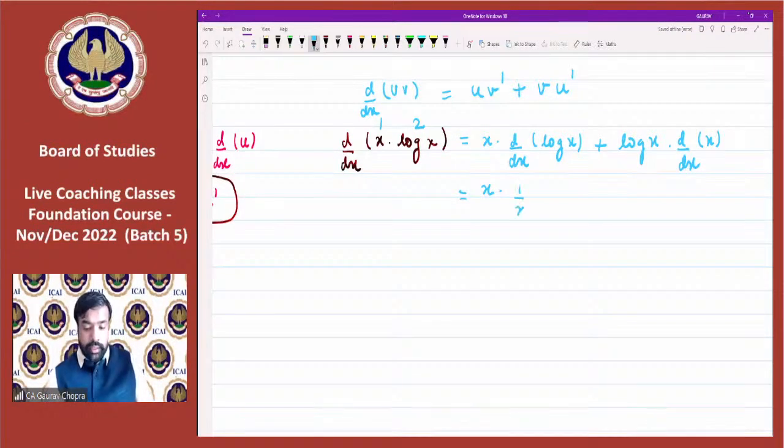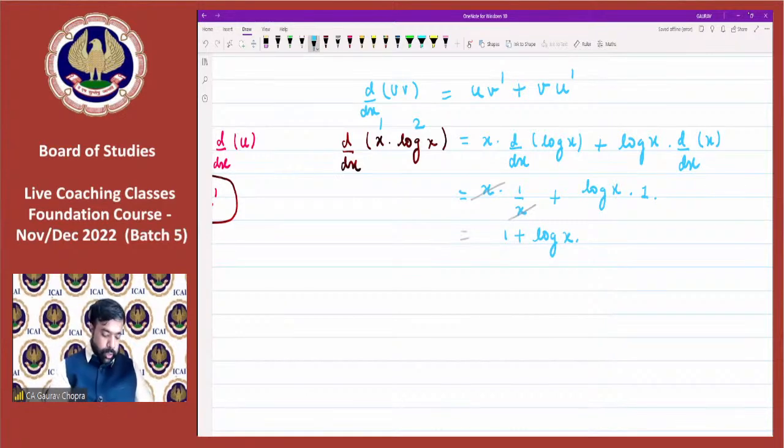So we can write 1 by x plus log x as it is. Now what is the derivative of x? When only x is there, that means the power is 1. 1 will come forward, and it will remain only 1. Now x can get cancelled, and the final result will be 1 plus log x. So 1 plus log x becomes the final answer.